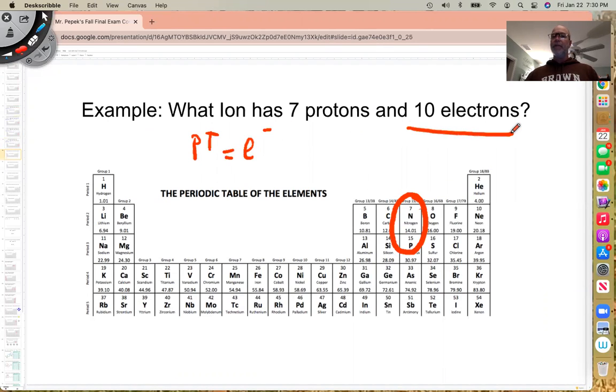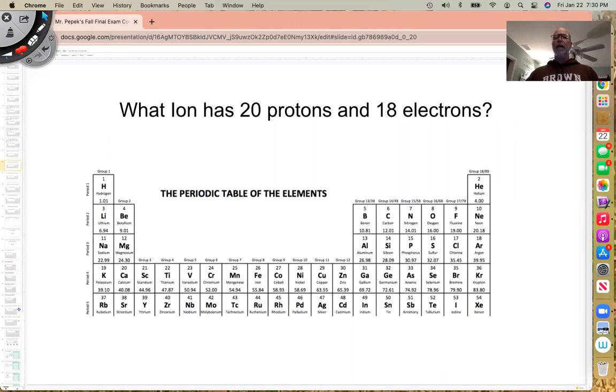But in this case, there's 10, which means there's 7 protons and 10 electrons. So we're dealing with nitrogen. We can say there's more electrons than there are protons. How many more? There's 3 more negatively charged particles, which means the ion we'll be talking about is the nitrogen 3- ion. Okay, so let's take a look at our first problem.